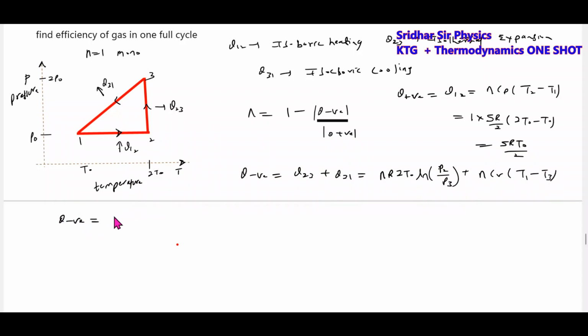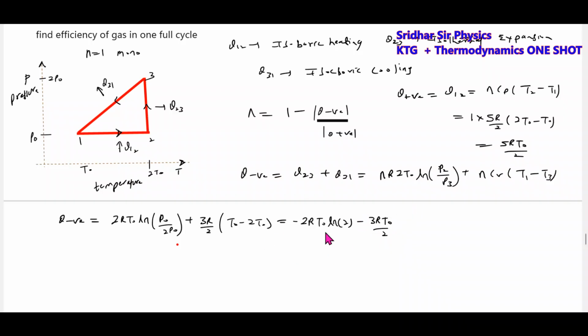Q negative will be 2R T0 log of P2 by P0, P2 will be 2P0, plus CV 3R by 2 (T1 minus T3), T2 minus 2T0. So this will be 2R T0 log 2 minus 3R T0 by 2.